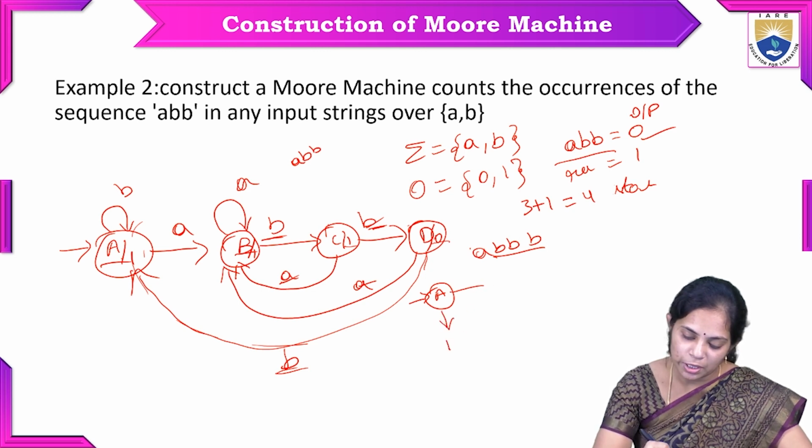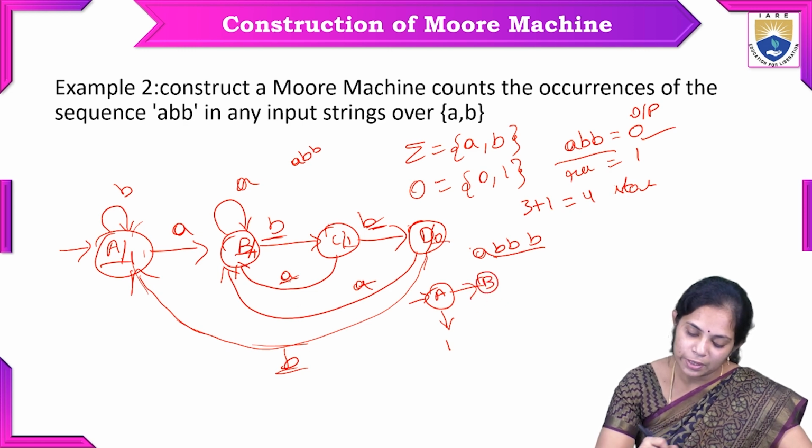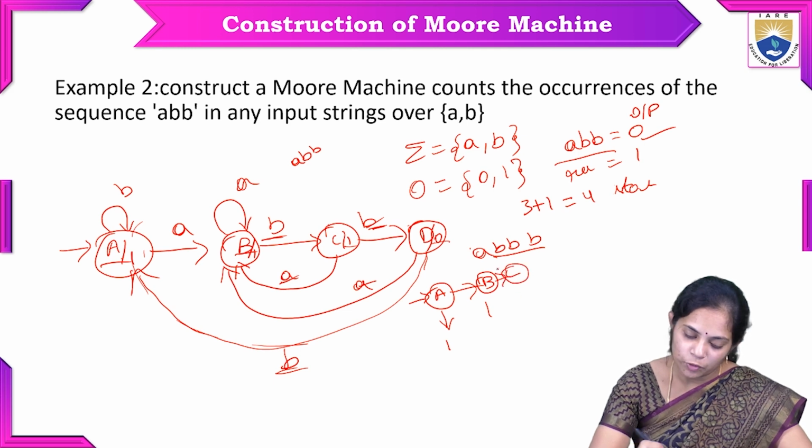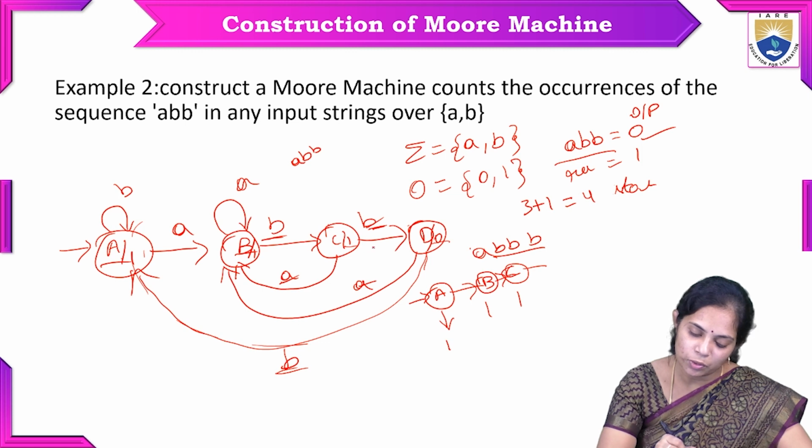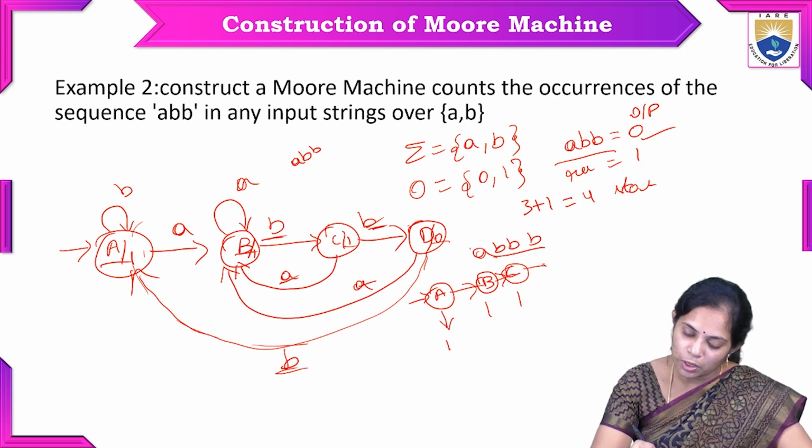And from state A, if you give A as an input, it is going to B. From B state, the output is 1, and with B as an input it is going to C state, and the output here is 1. From C, if you give B as an input, it is going to D. So D. What is the output here? 0.